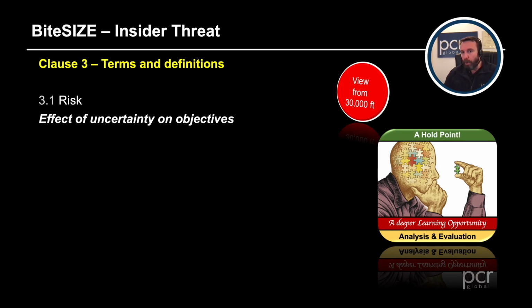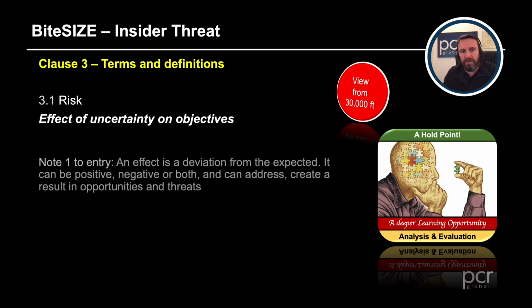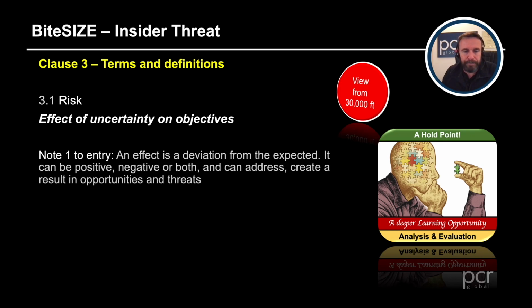So a hold point, because we're going to dig a little bit deeper into the effect of uncertainty on objectives. Note 1: an effect is a deviation from the expected. It can be positive, negative, or both, and can address, create, and result in opportunities and threats. So what are the objectives of the organisation?